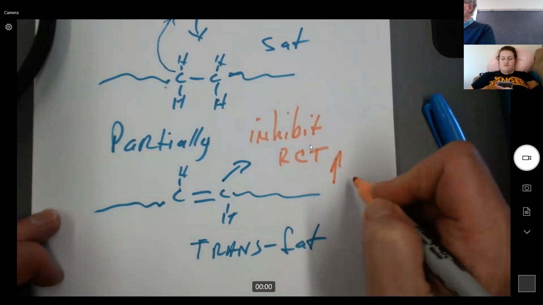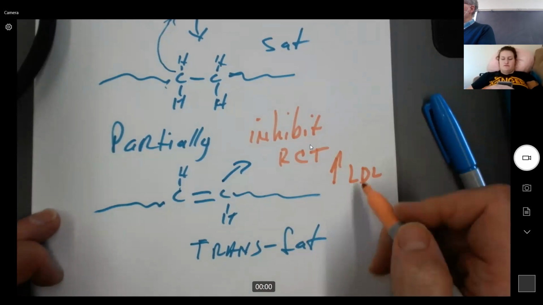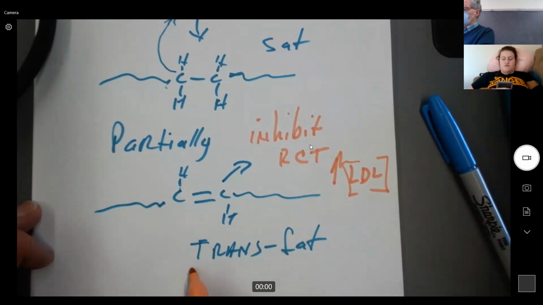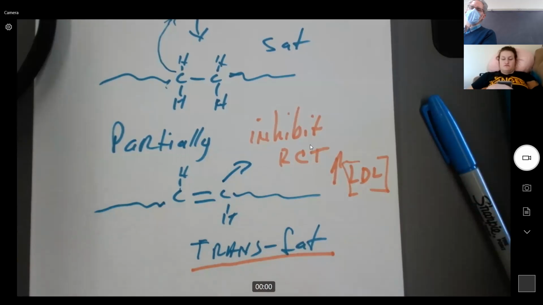Therefore, these can send your LDL levels into the roof. And that's one of the reasons why there's a movement now to try to remove trans fat from food.